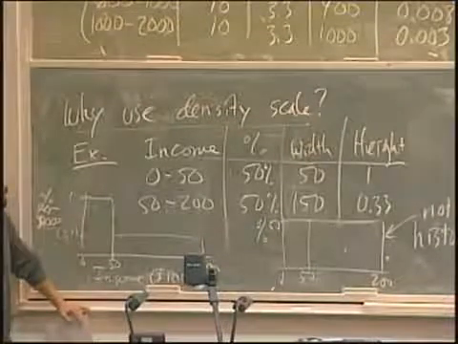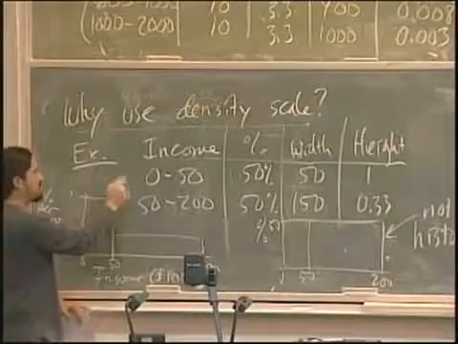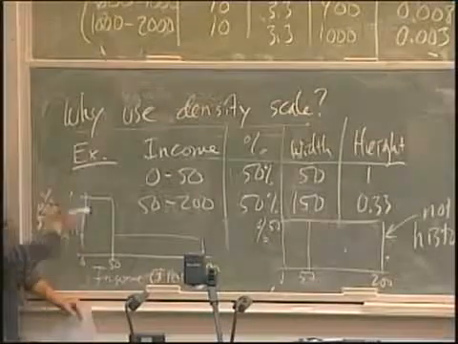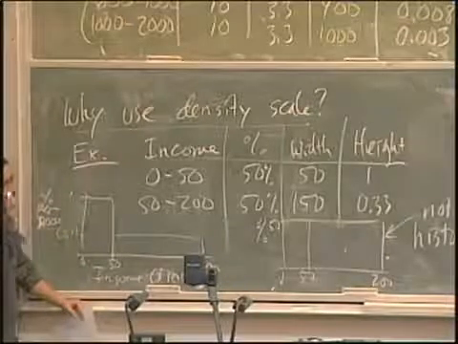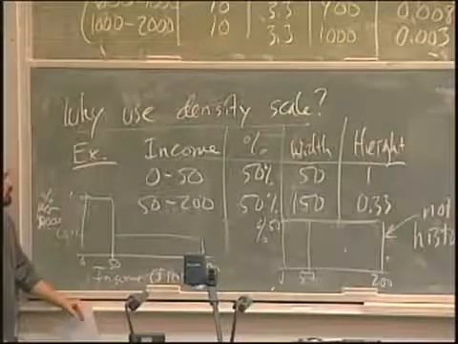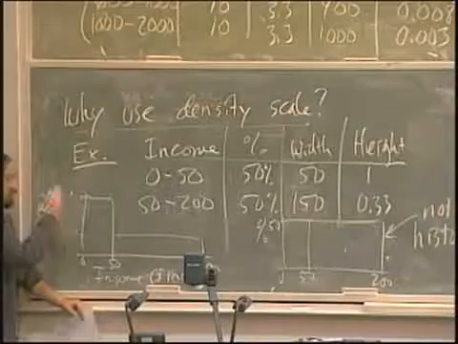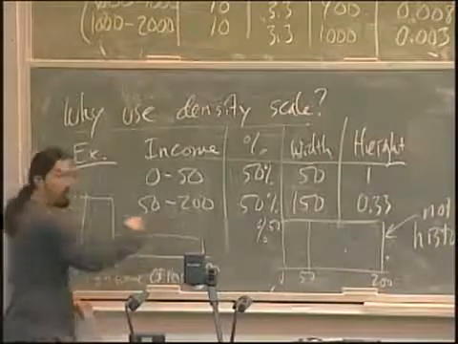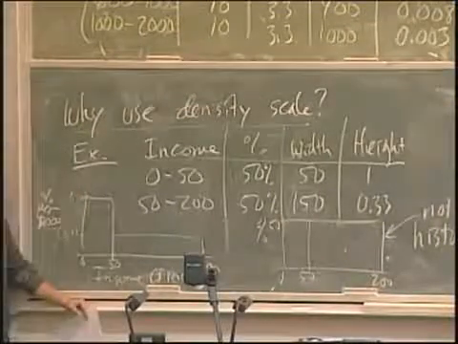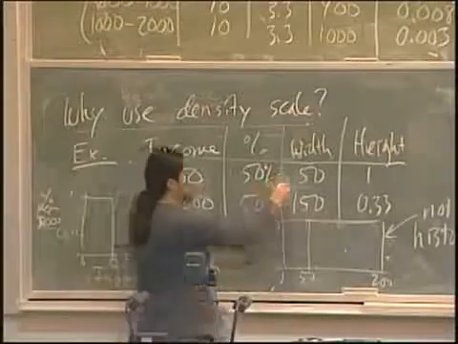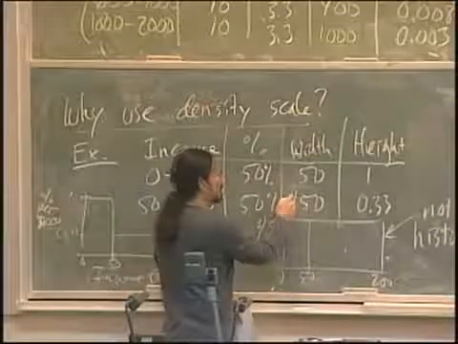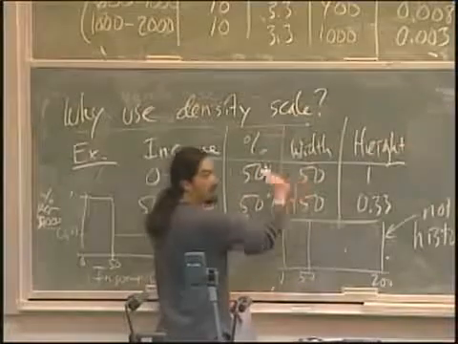If you made all the class intervals exactly the same size, the pictures are going to look the same. Okay? If you think about why that's true, the labels will be different, but what the bars actually look like will be the same if all the class intervals are the same size. Because if the widths are all the same, then you take the percentage and divide by the same thing every time.